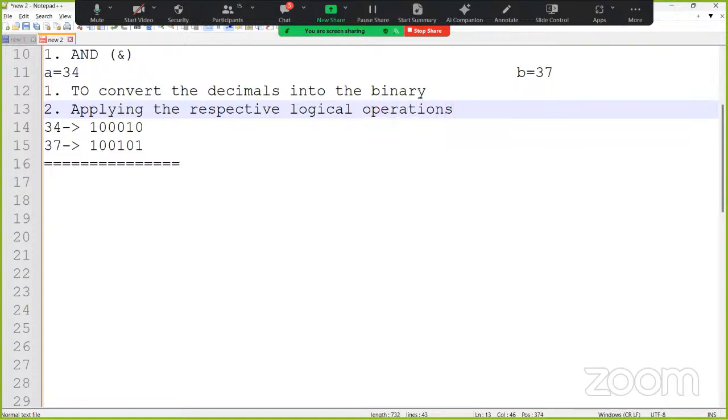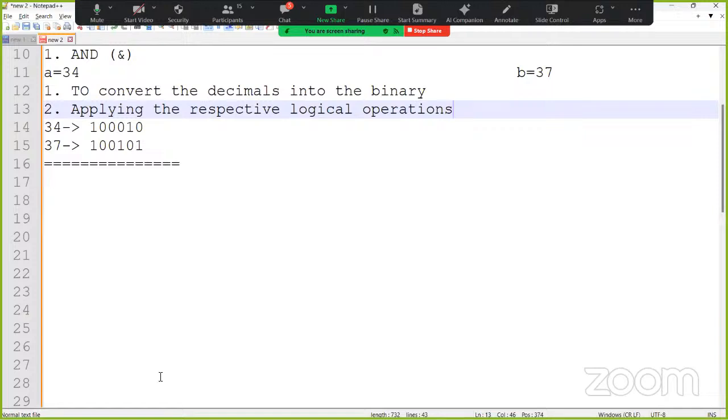So if I'm calculating the bitwise AND, then on the binary representation I apply the logical AND operation. Similarly, if I'm finding bitwise OR, then we apply the logical OR operation. Likewise, if I'm working on XOR, then I apply the XOR logical operation.